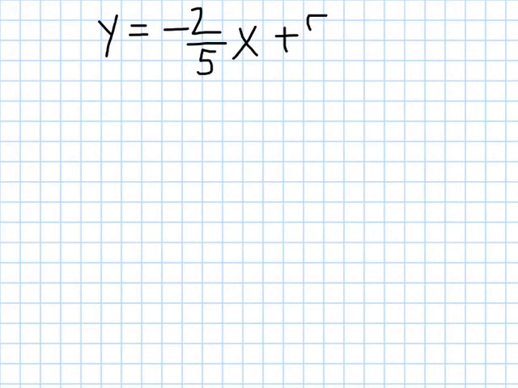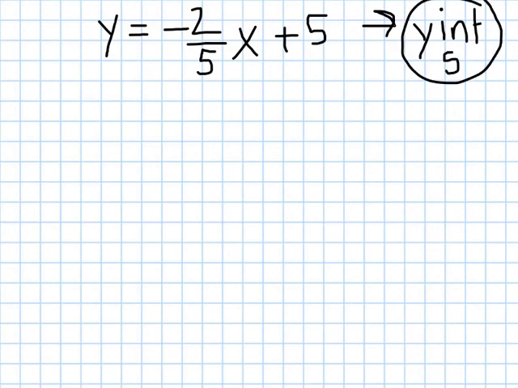Let's look at one more example that uses that. So let's say I have y equals negative 2/5 x plus 5. So here, my y-intercept is 5. And then we have here, negative 2/5 is the slope.